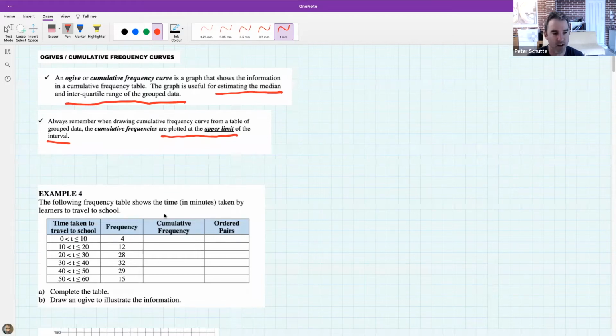I want you to calculate the cumulative frequency column and then the ordered pairs. And once you've done that, you can just say done in the chat. But I want everybody to take the time now and make sure you know how to fill out a table that allows you to then draw an ogive.